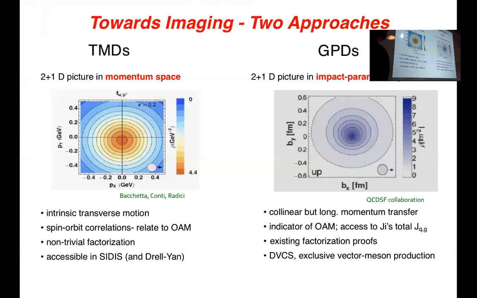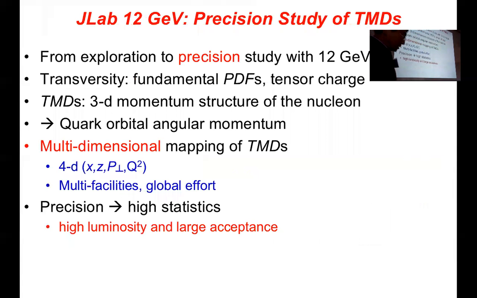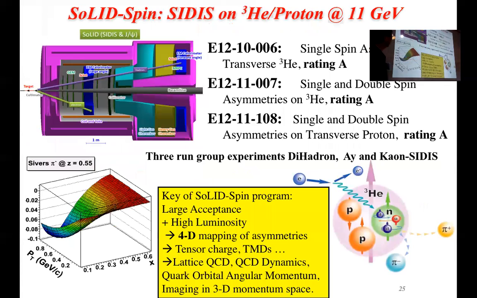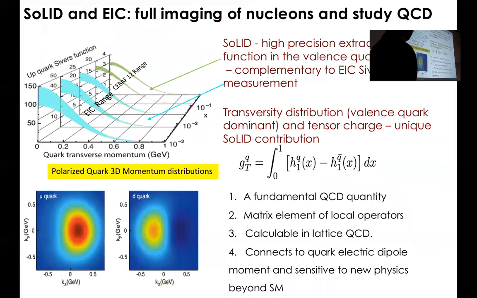So we can do either TMDs or GPDs to get the imaging. I will say a little bit more about the TMDs. With JLab 12 GeV, especially with SoLID, we can do very high precision, which requires high luminosity and large acceptance. That's what SoLID can do. There are a number of experiments approved by the JLab PAC with high rating, both with transversely and longitudinally polarized helium-3 to study the neutron, and also transversely polarized proton to study the proton.